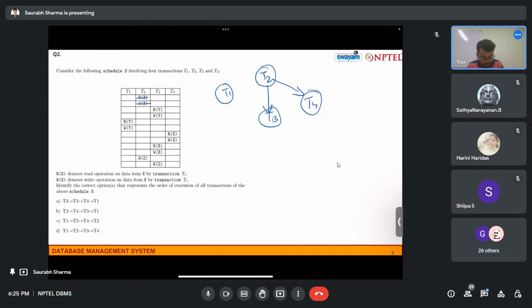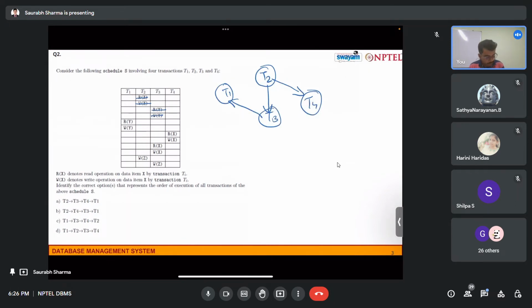Next there is Ry. From Ry we have to search for only Wy. For T3, we search: in T1 there is Ry, so from T3 there will be an edge, and T2 and T4 will be free. For Wy we have to search for Ry and Wy.